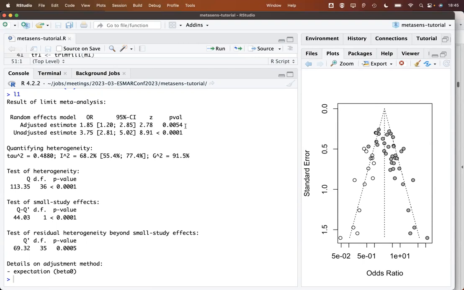Still significant, so we would still say that there is clearly a positive effect of NSAIDs compared to placebo to reduce pain, but it's clearly not as large as based on the original meta-analysis. What we also get are tests for small study effects and also tests for residual heterogeneity after accounting for this small study effect. And we see that there is still some residual heterogeneity.